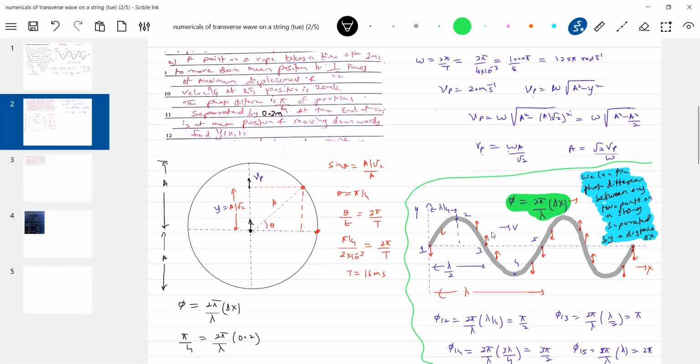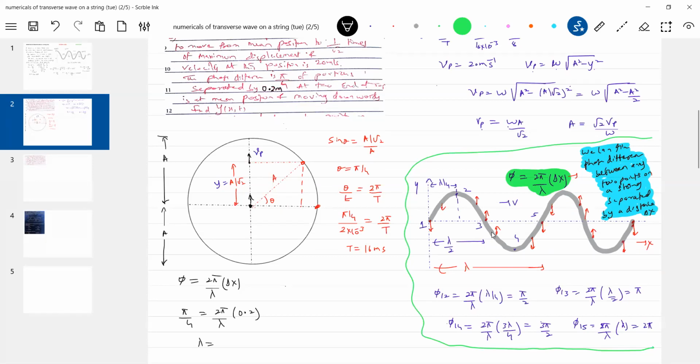Anybody, lambda value? 1.6 meter. So 1.6 meter is the lambda.